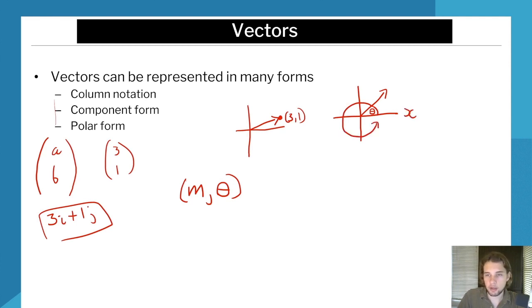So sort of moving like this, and whatever angle that is, is the angle of our vector. And the magnitude is, again, the length. So in this scenario, the magnitude would be the square root of 3 squared plus 1 squared, because we could draw it as a triangle and use Pythagoras' theorem to find the actual length, the magnitude of that.